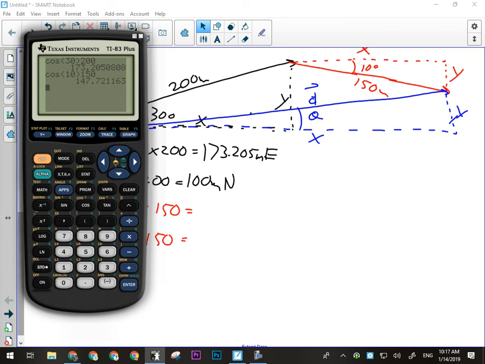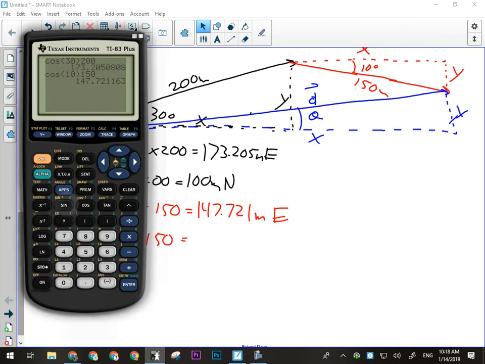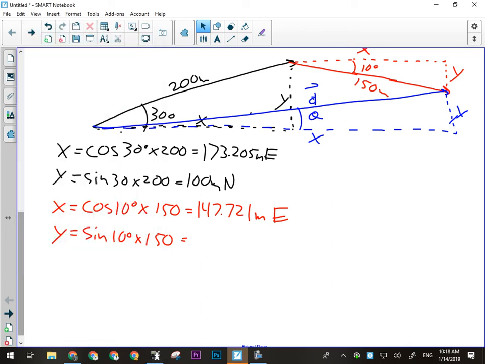So we got 147.721 meters, and that is east. And then for Y, we'll have 26.047 meters, and that is south.